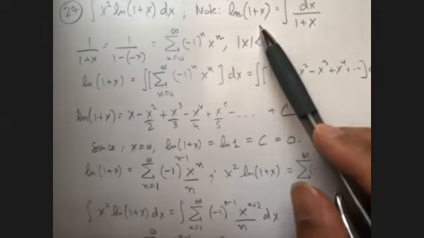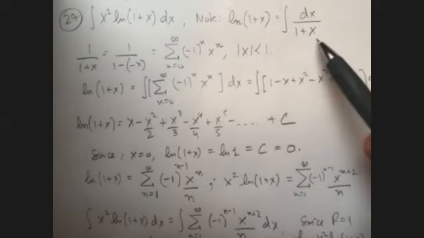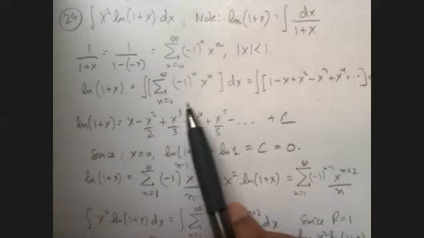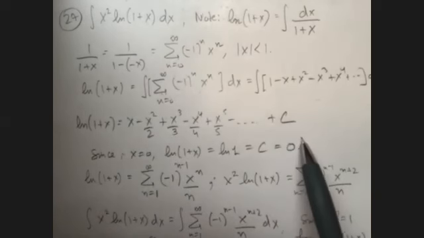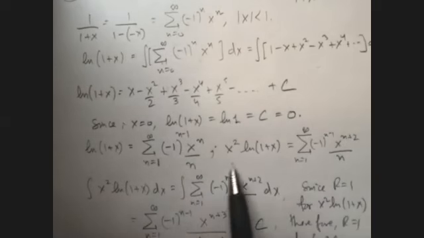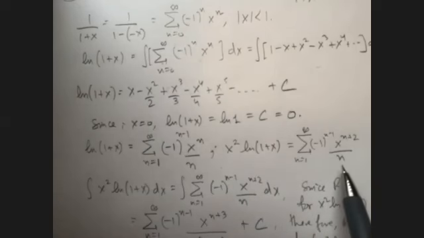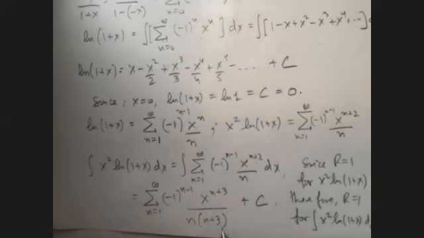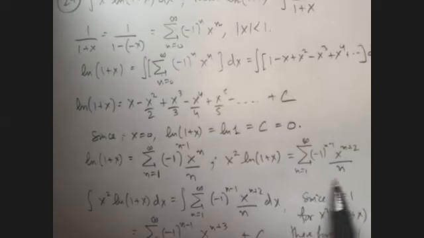So first we recognize that ln 1 plus x is the integral of this quantity. We write the power series for this, do the integration, find c, and get the series for ln 1 plus x. Multiply by x squared for the series for this term. Then do the integration, with n plus 2, so n plus 2 plus 1 is n plus 3, divided by n plus 3, plus c. Because R is 1 for this series and for this one also.